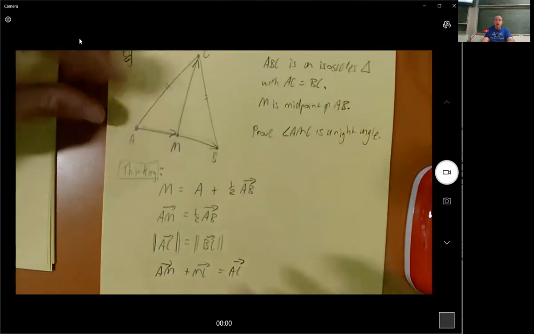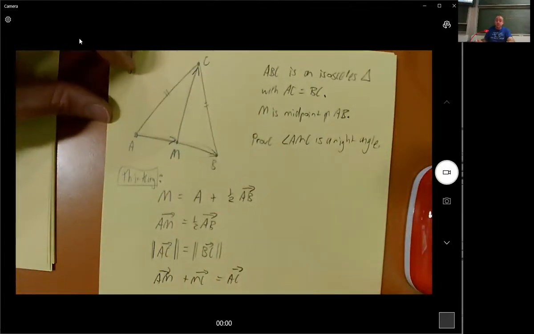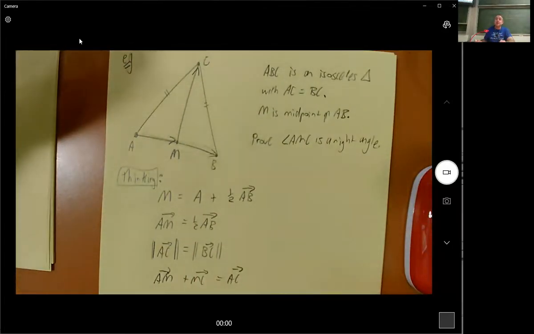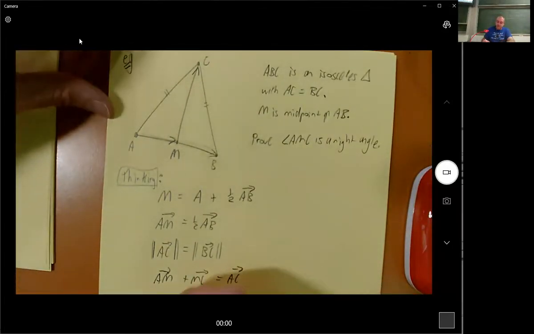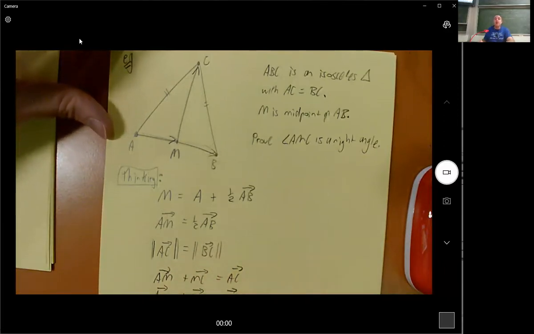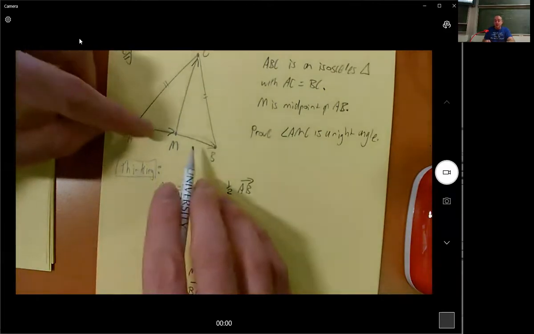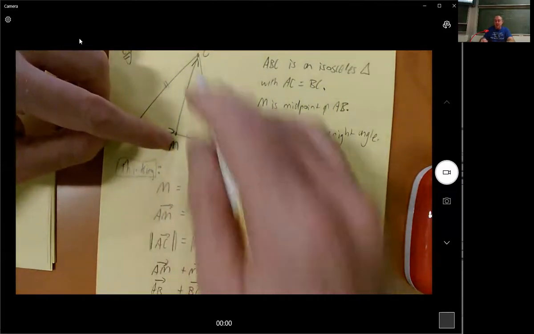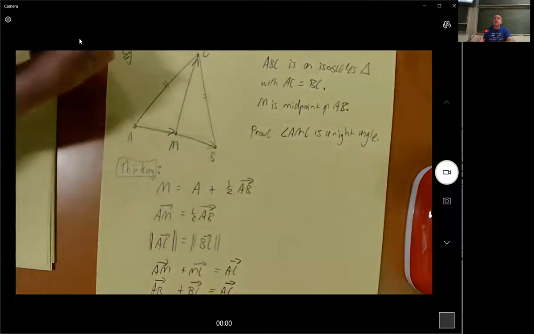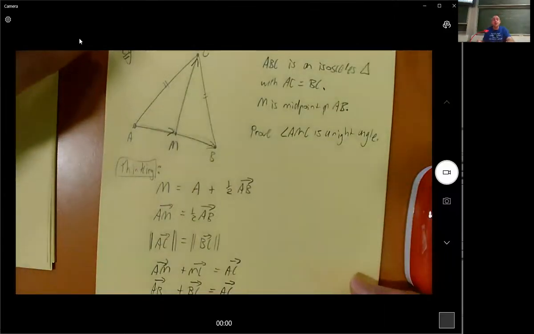And similarly, I know that AB plus BC is also AC. Don't know if any of this is helpful yet. And there are lots of other little triangles like that I could make. Like I know that MB plus BC is MC, and all of this stuff. There are arrows I can make joining up in lots of different directions.